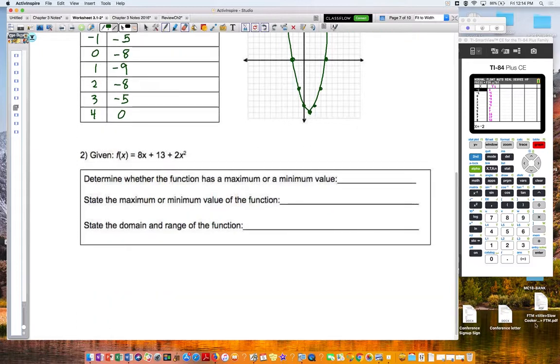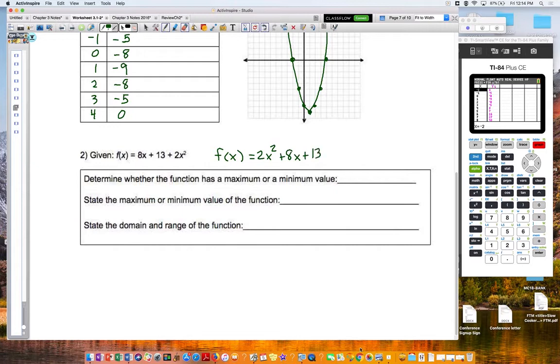All right, question number 2 here says, determine whether or not the function has a maximum or minimum value. So this is what we're looking at. f of x equals 8x plus 13 plus 2x squared. The first thing I'm actually going to do is rewrite it in order just to help myself. So 2x squared plus 8x plus 13.